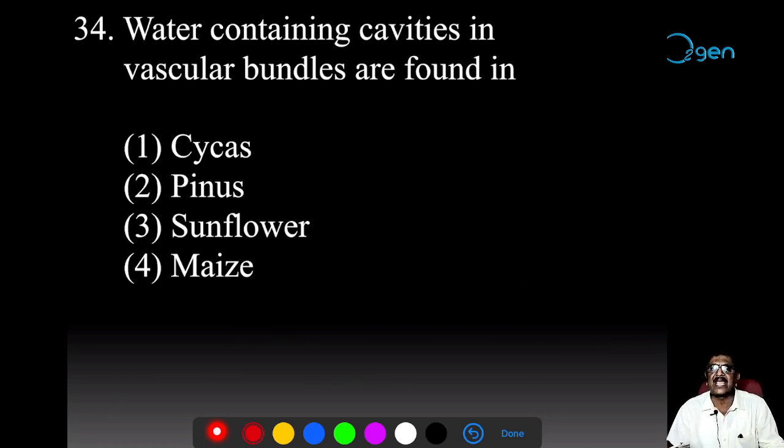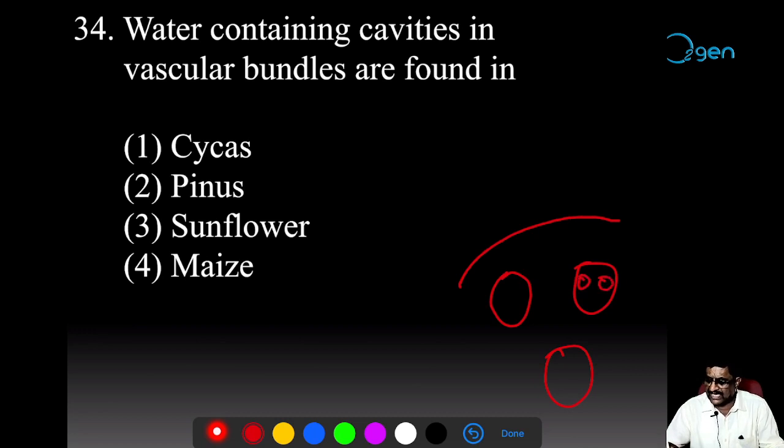Water containing cavity in the vascular bundle is found in... In the anatomy of a monocot stem, what we have studied, vascular bundles are scattered. There are two metaxylem elements, and one or two protoxylem arranged in a Y shape. So below this, xylem elements disintegrate to form a cavity called the water cavity or lysigenous cavity.